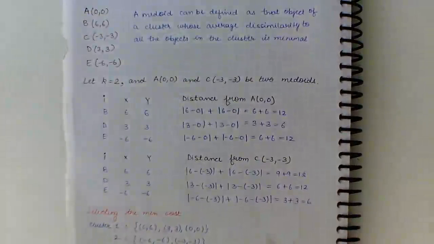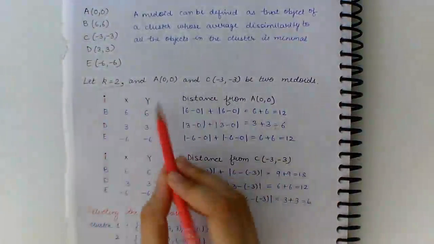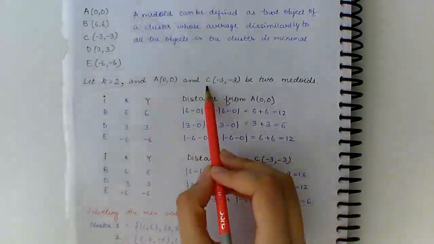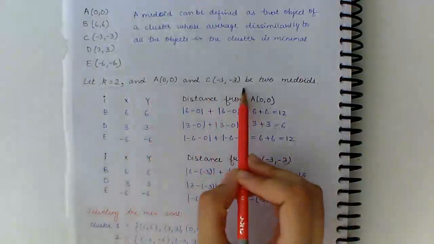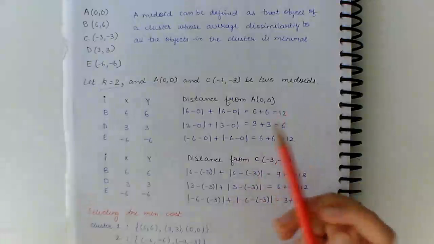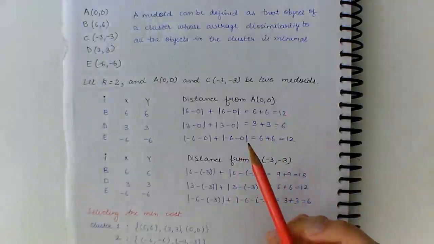So let K equal 2. We have to form two clusters, and A (0, 0) and C (-3, 3) are assumed to be the first two medoids. We just assume any 2 points to be medoids and then calculate the absolute error value.